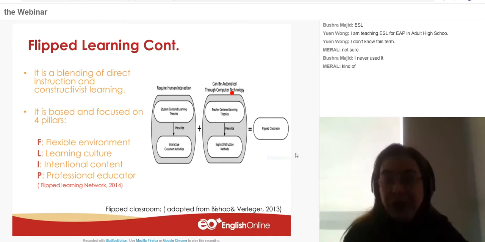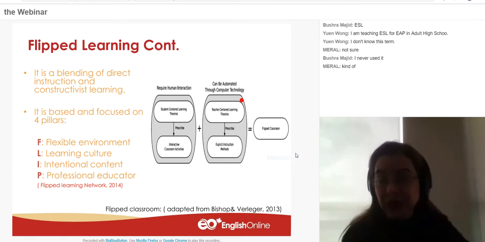The part on the right-hand side is what happens outside of the classroom, could be at home, could be at the student's library, wherever that is. And as it says here, it can be automated, so it could be through computer technology or not. However, these days, having access to computer technology is definitely one of the essential parts of flipped learning.